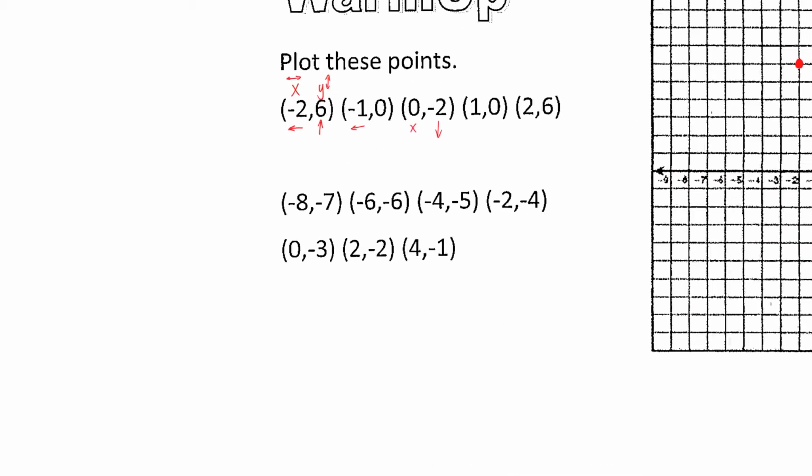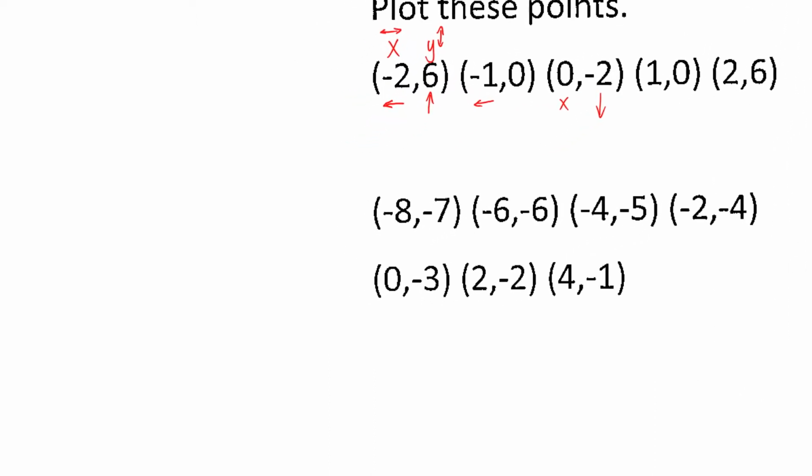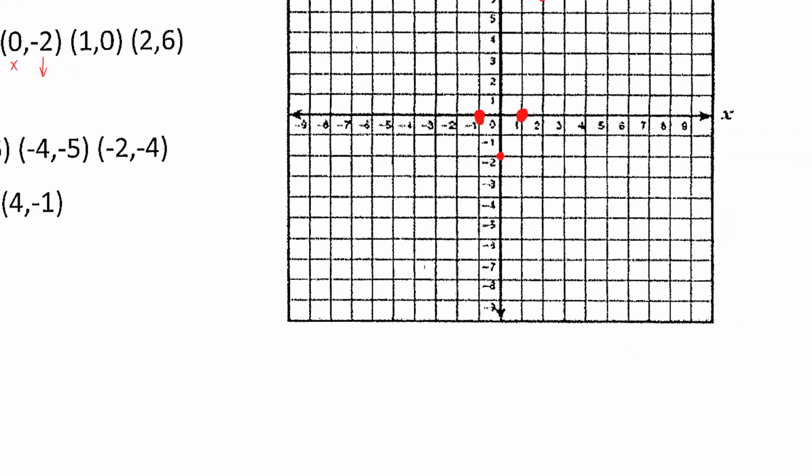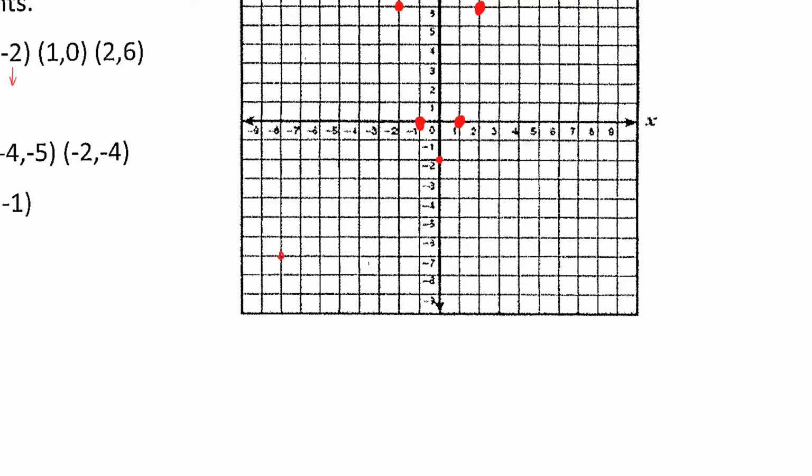Okay. So what do we do with negative 8, negative 7? You can go left 8 and then jump down 7. So left 8, down 7. So negative 8, negative 7 is right there. Negative 6, 6 is right here.